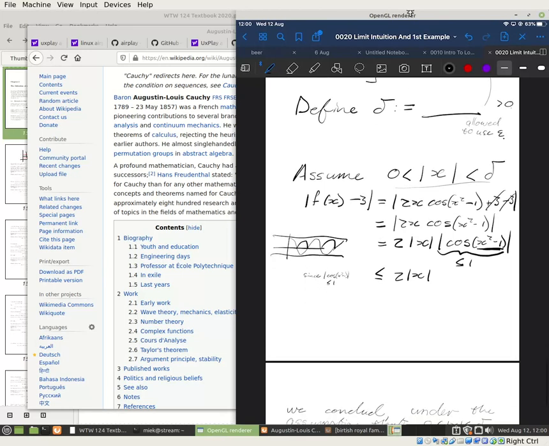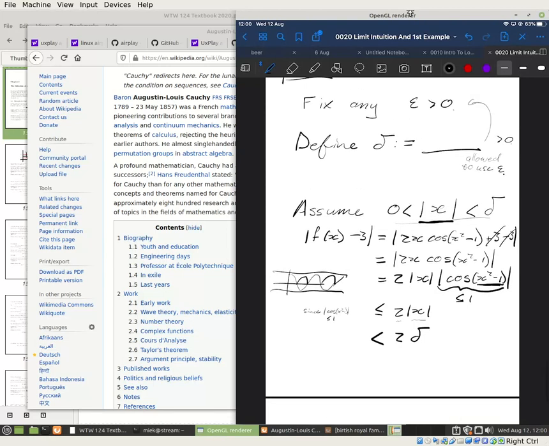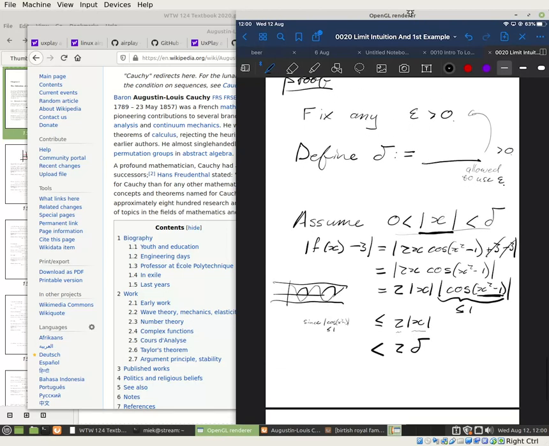So far, we have it less than or equal to 2 times absolute value of x. But notice here, we have made this assumption that the absolute value of x is less than delta. So this thing is less than 2 times delta. But now, again, we have full control of the delta.